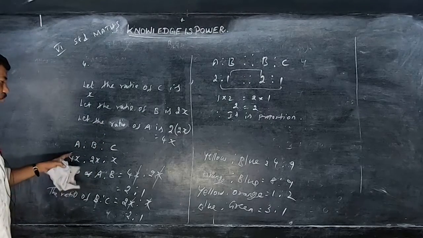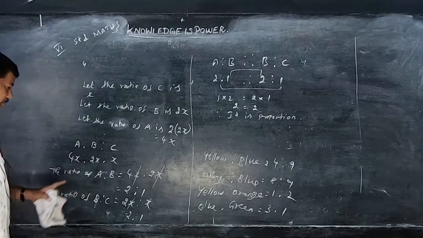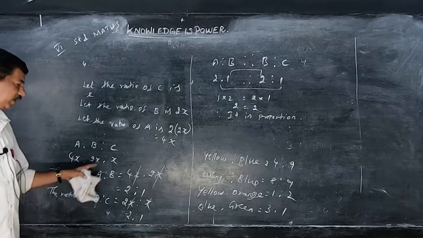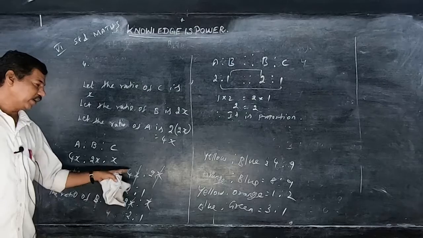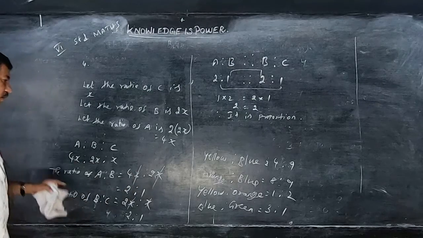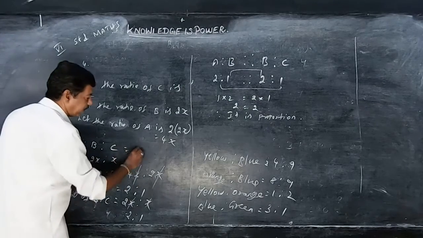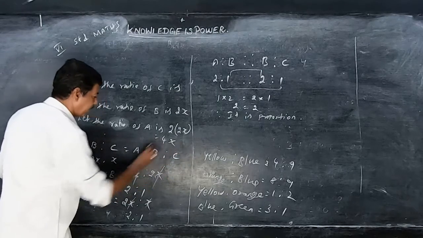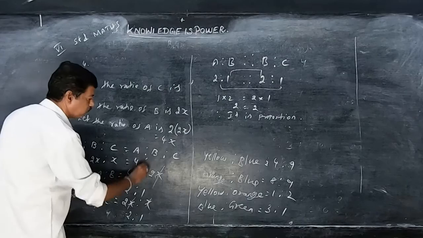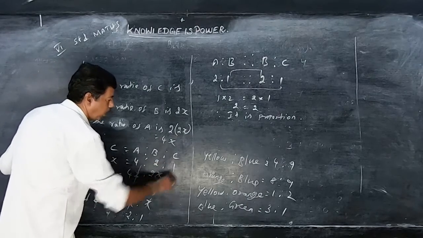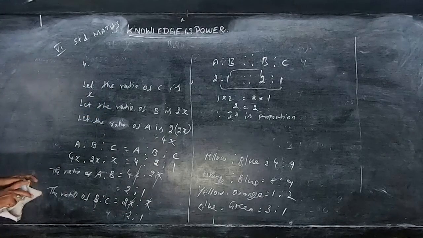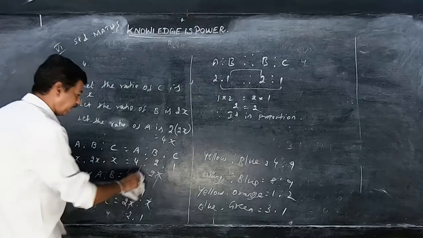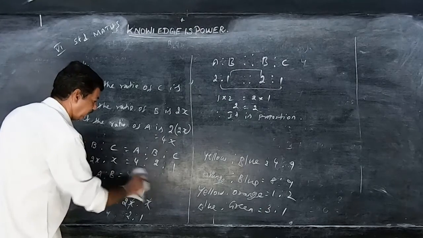Okay, so we can also write 4 is to 2 is to 1. So the ratio of A, B can be written as 4x into 2x. We can write this here too. If you write A is to B is to C, it becomes 4 is to 2 is to 1. So we don't need to write the x here.